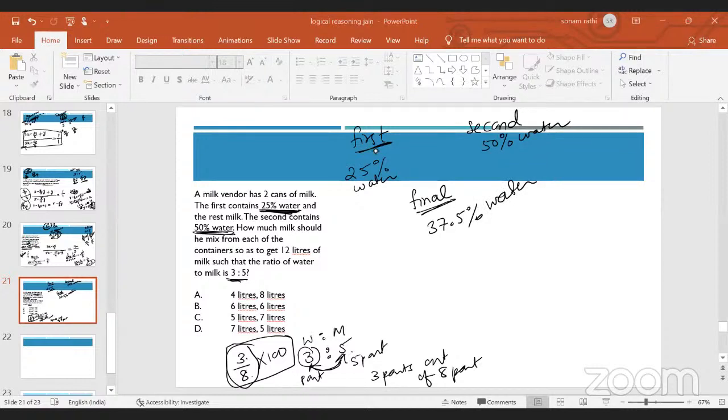Yes. 25%, 50%, and 37.5%. 25, 50, 37.5. Cross subtract, diagonally subtract. 12.5 and 12.5.